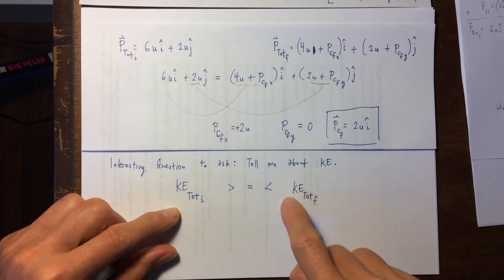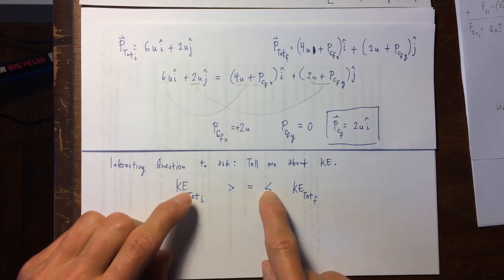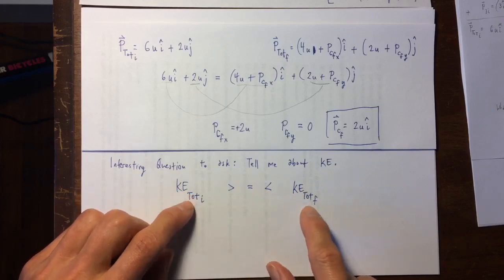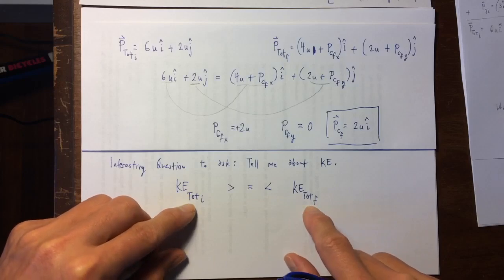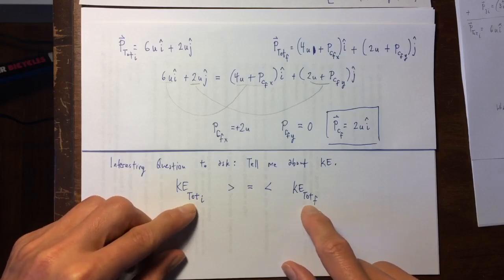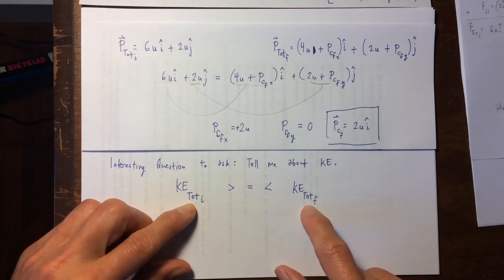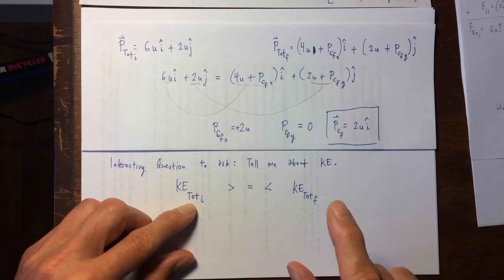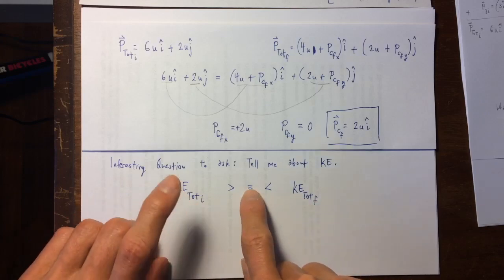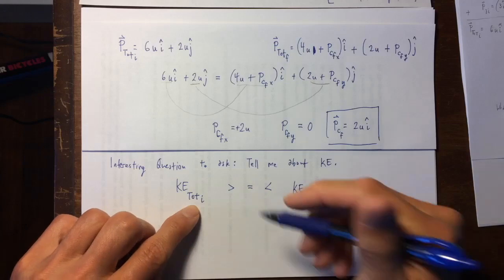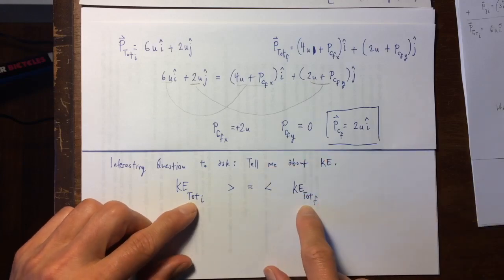If the total kinetic energy afterward is bigger than the total kinetic energy going in, we could say that maybe there was some extra energy around, or small explosions or super elastic collisions going on. If the total kinetic energy afterwards is equal to the total kinetic energy before, that feels more like elastic.